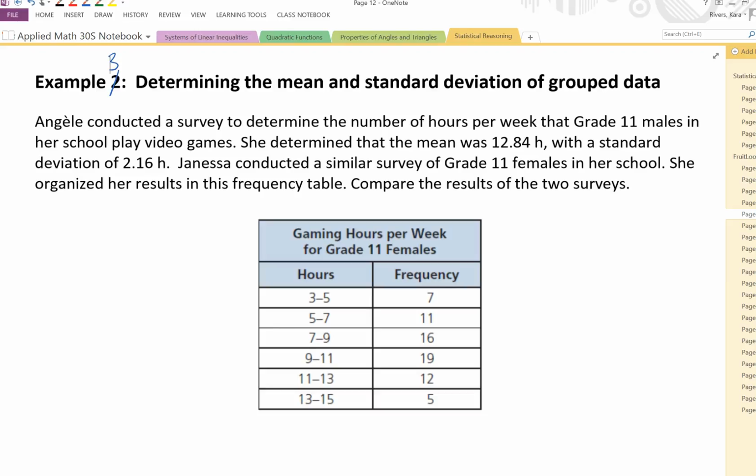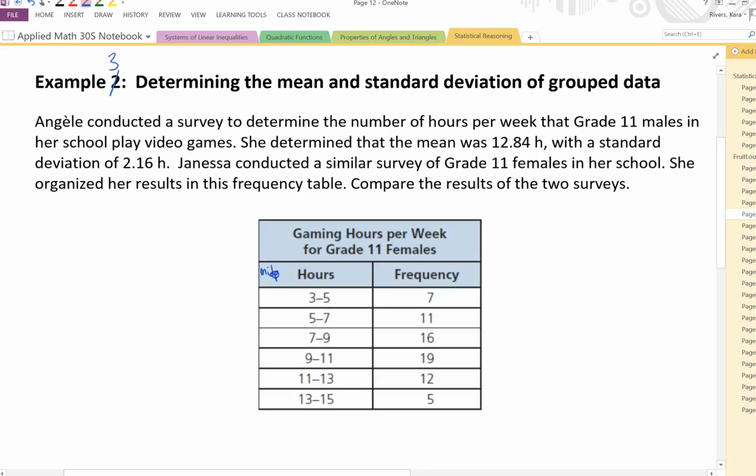So gaming hours per week for grade 11 females, we've got the hours listed in a range, and then we've got the frequency. This range, 3 to 5, it's great because we know that between 3 and 5 hours, there's 7 grade 11 students that fall in that range. But in terms of figuring out the statistics on my calculator, I can't input a range of 3 to 5. So what we're going to do instead is find the midpoint of the hours.